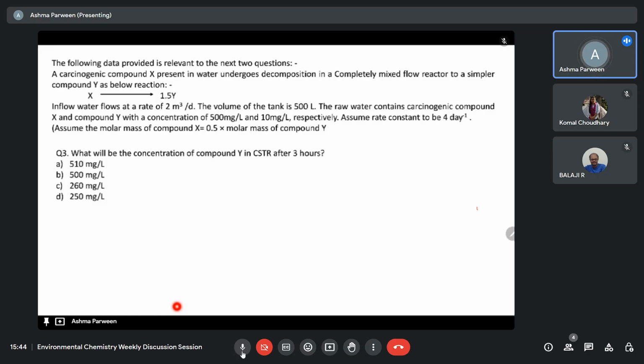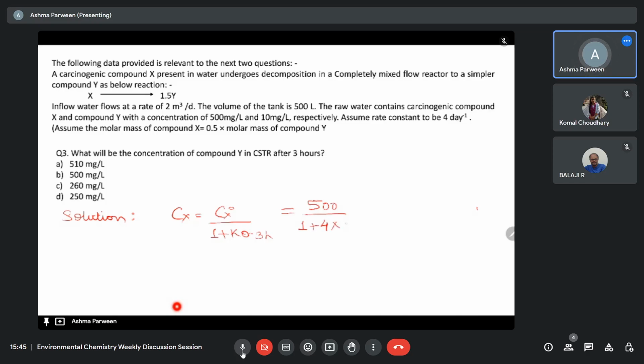So from the previous expression, now we have been given theta as 3 hours, and initial concentration of X is 500, rate constant is 4 per day, and the HRT is given as 3 hours.